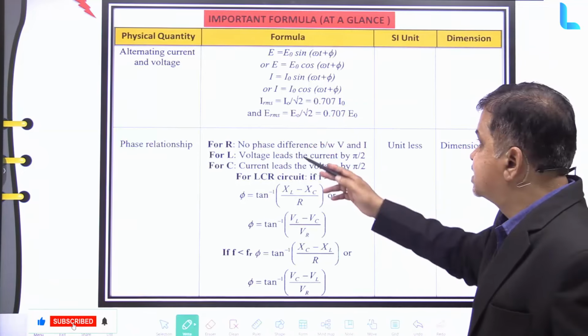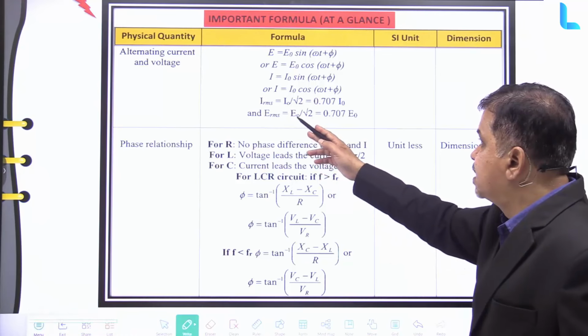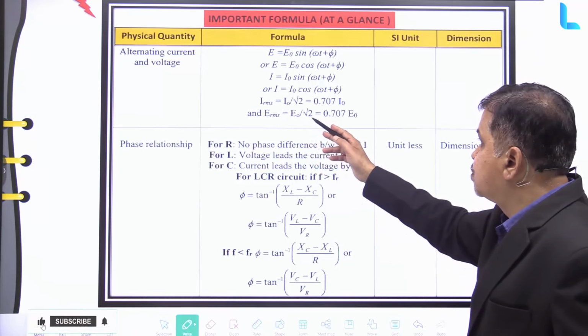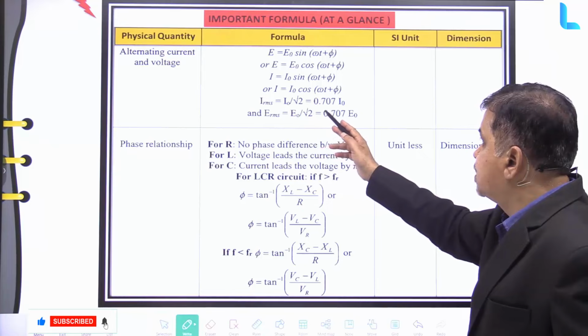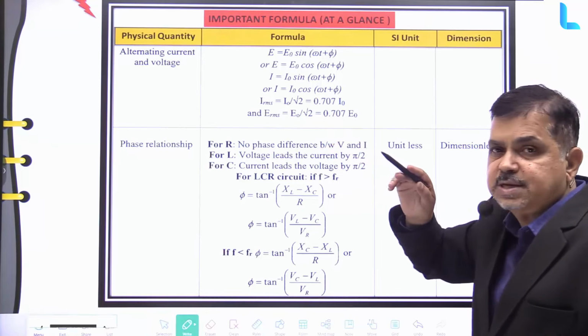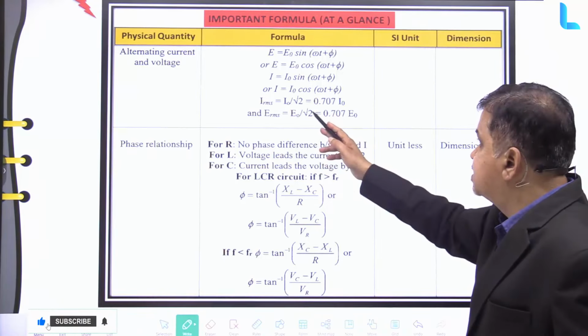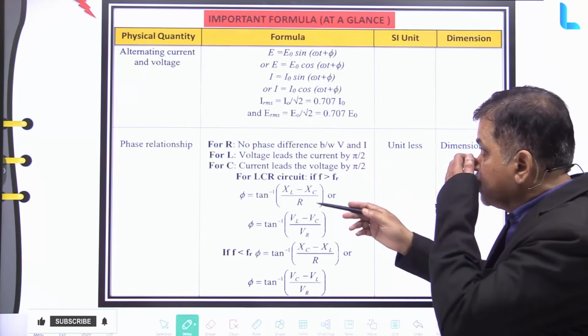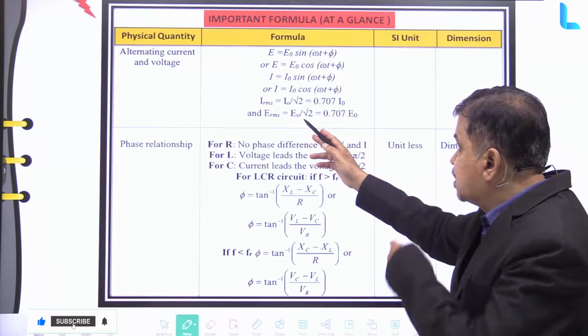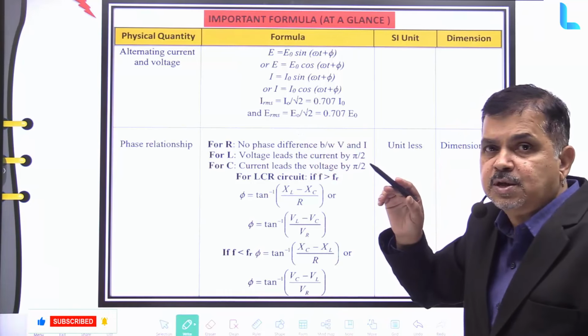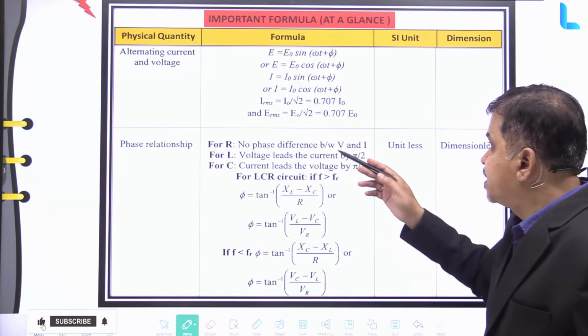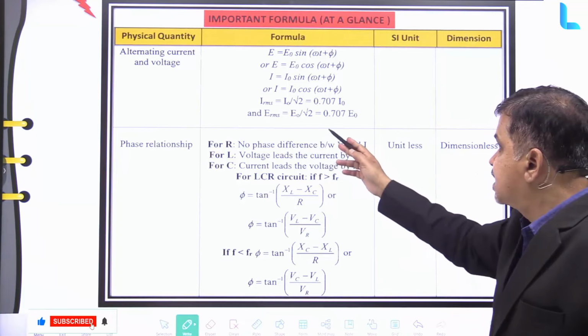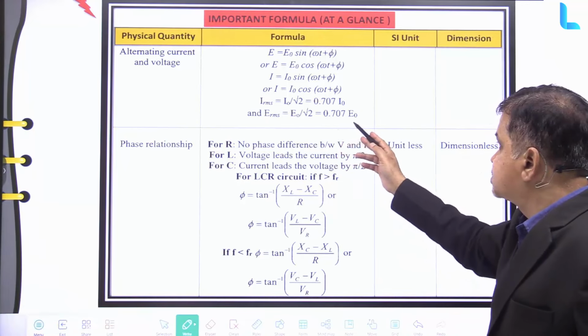I RMS, the root mean square, is equal to I naught divided by root 2, and the value of root 2 is 0.707. So we can write this as 0.707 I naught, and also E RMS equal to E naught divided by root 2, which we can write as 0.707 E naught.